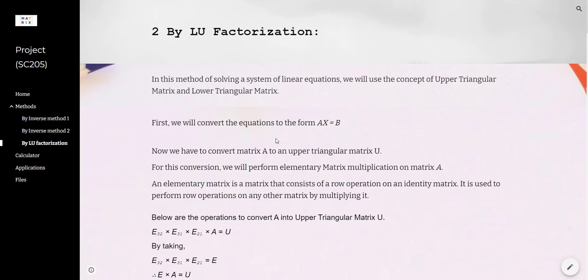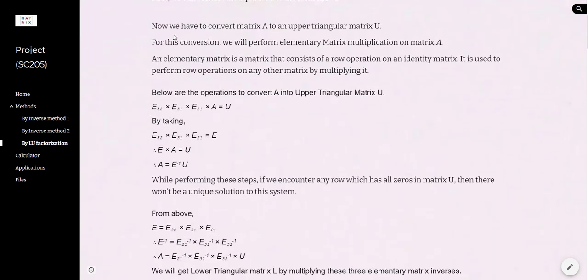Again, first we will convert the equation to the form Ax = B. Now we have to convert matrix A to an upper triangular matrix U. For this conversion, we will perform elementary matrix multiplication on matrix A. An elementary matrix is a matrix that consists of a row operation on an identity matrix. It is used to perform row operations on any other matrix by multiplying it. Below are the operations to convert A into upper triangular matrix U.